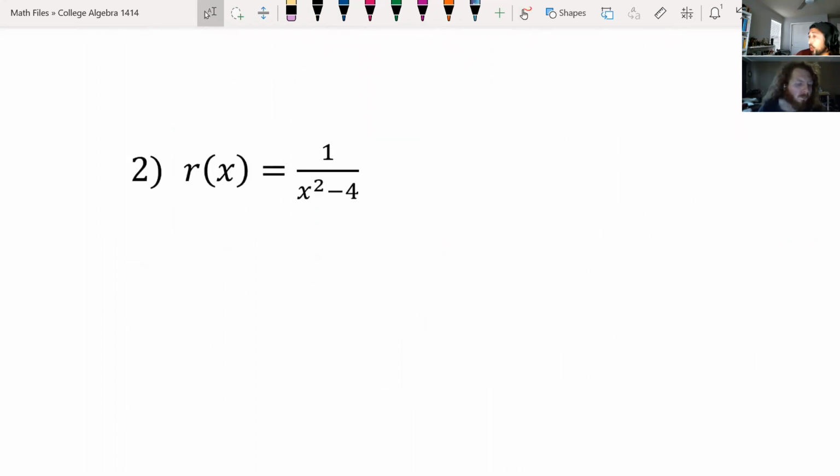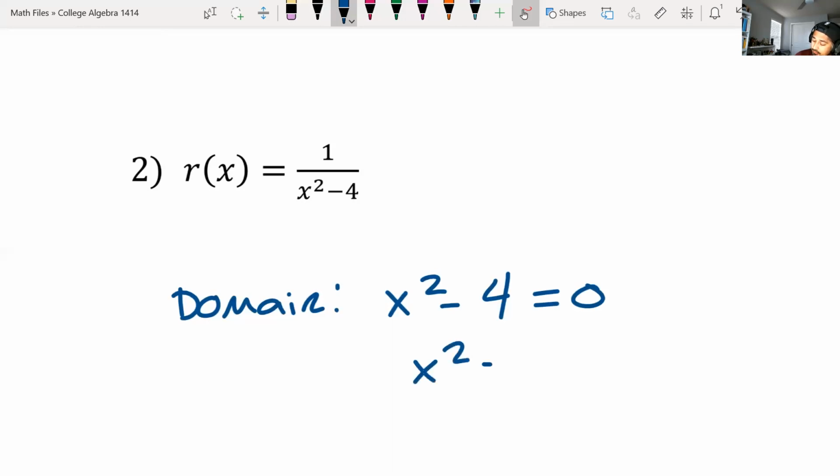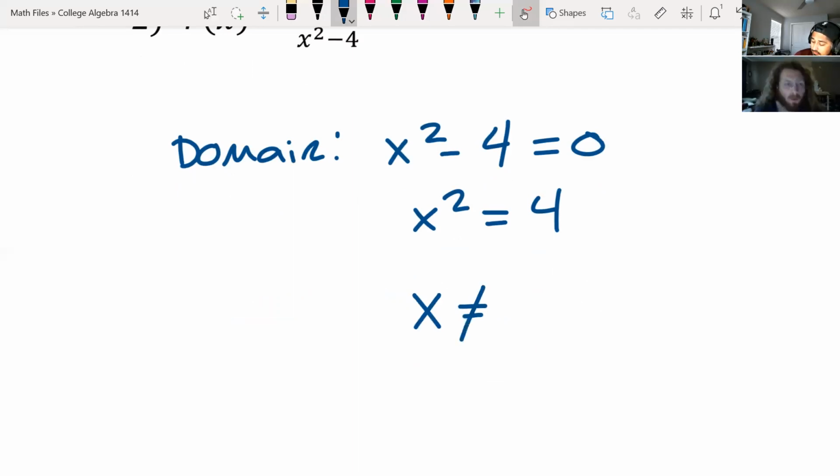Number 2, 1 over x squared minus 4. So for our domain, we take the denominator, we set it equal to 0. And here you can use the square root method if you'd like. Move that 4 over. And if you square root both sides, we'll get x cannot equal what two numbers? 2 and -2.